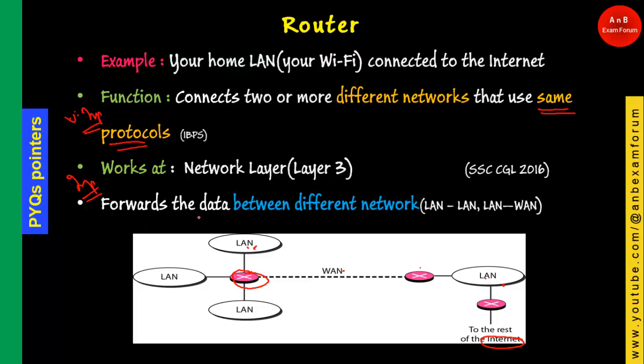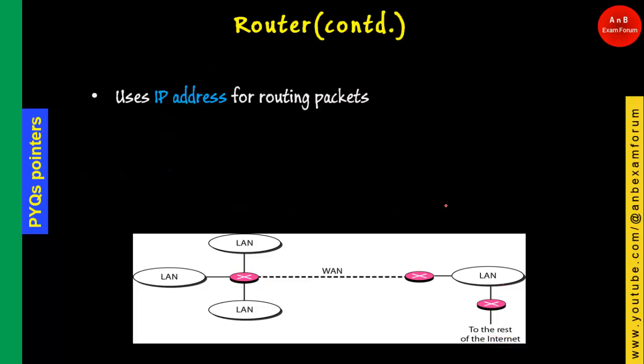Again, it is going to forward the data between different networks. That is a common terminology. It can connect LAN to LAN, LAN to WAN, and LAN to internet. Whereas bridge and switch use MAC address for filtering, here it is going to use IP address. IP address is the internet protocol address for routing the packet.